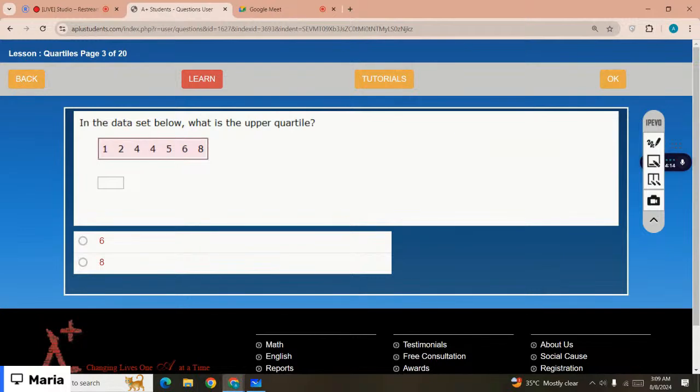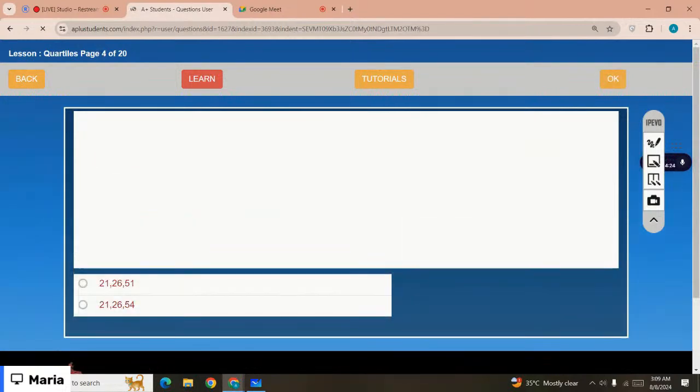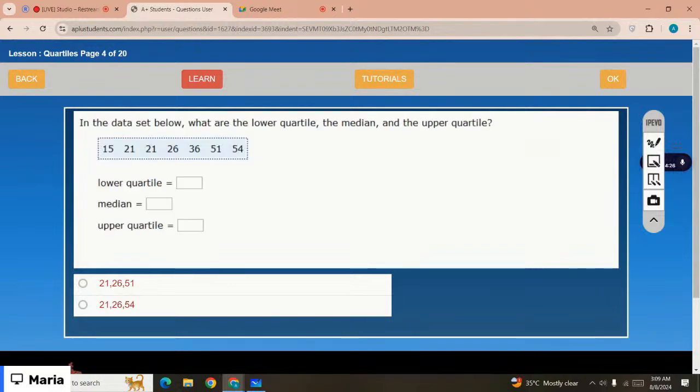The correct option is, yes, that is six. Option number one is the correct option. In the dataset below, what are the lower quartile, the median, and the upper quartile? So which is the correct option?